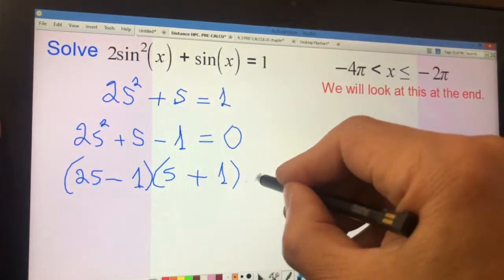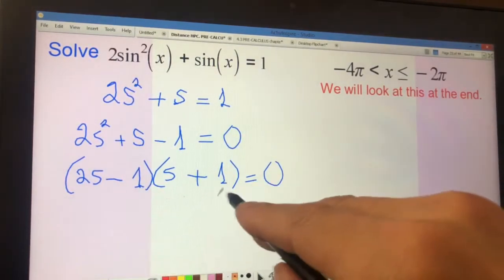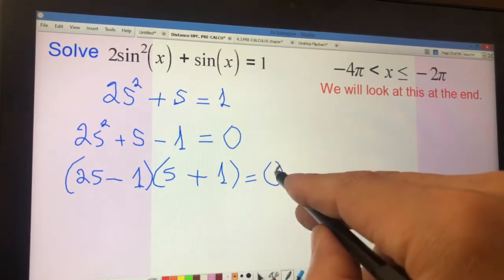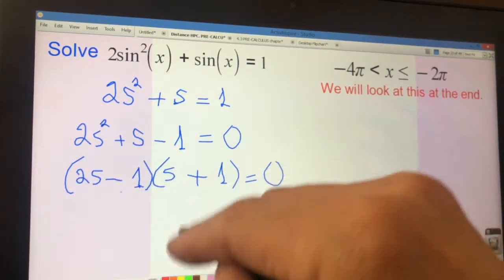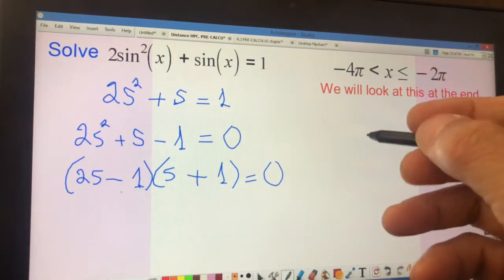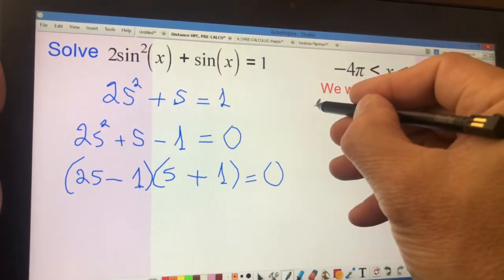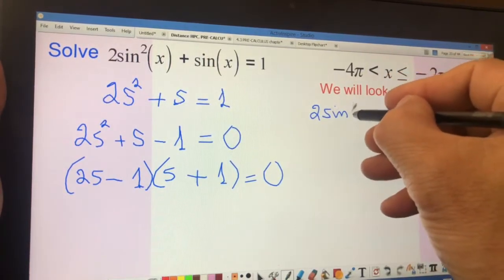For those of you who don't know how to factor, you need to review that part. Now when you get that set, this side is 0. Each one of these factors, each one of these little parentheses, will be set up equal to 0. So that's our next move. So 2 sine of x.